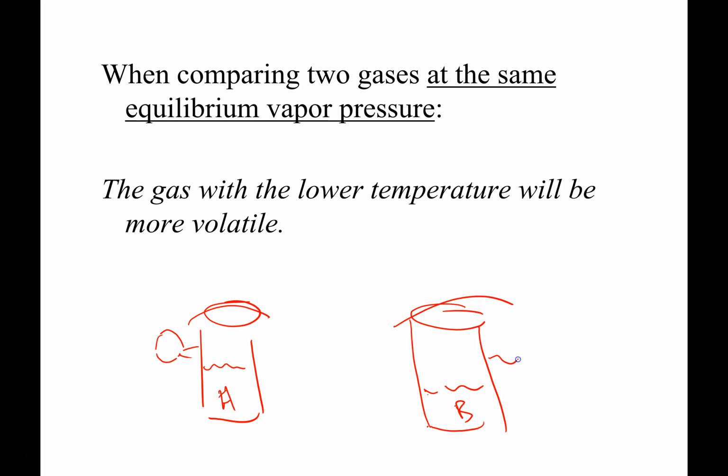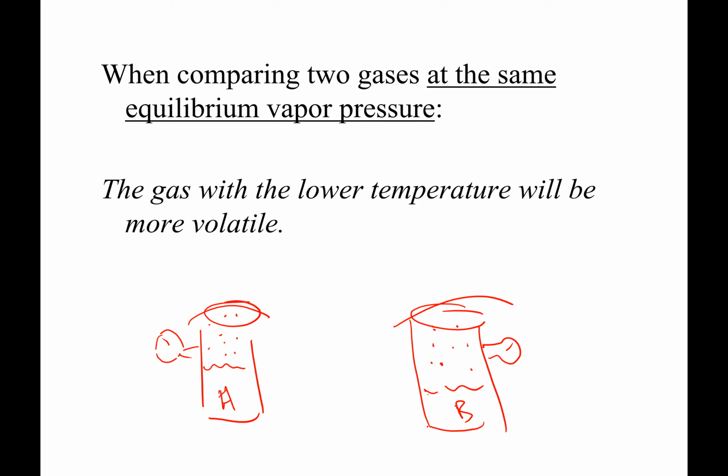These are terrible drawings, but I hope you're translating them better. I'll put 9 particles in each, so they're at the same equilibrium vapor pressure, and I'll show the little dial at the same equilibrium vapor pressure.